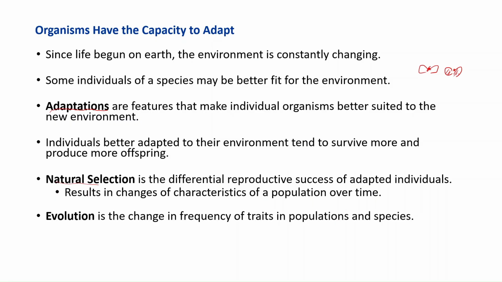And of course, if you look at the population, you see changes in the population. But just keep in mind, with very few exceptions, those changes were already there. All you changed was the ratio. Do you have more of this or more of the other one? So evolution is really the change in frequency of traits that usually are pre-existing in a population. But we'll talk about that more when we talk about evolution.